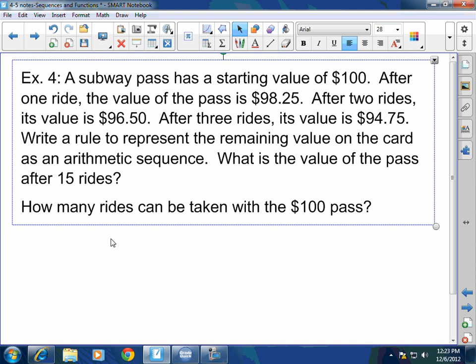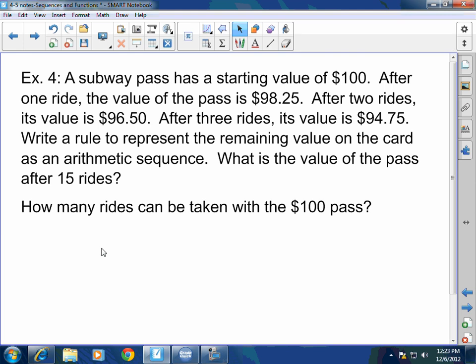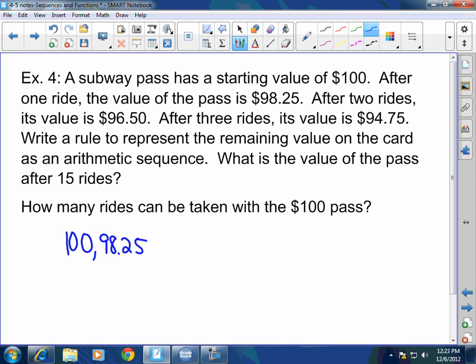Okay, a subway pass has a starting value of $100. So check it out. A starting value of $100. After one ride, the value of the pass is $98.25. So starting, then this is my first term. After 2 rides, my value is $96.50.